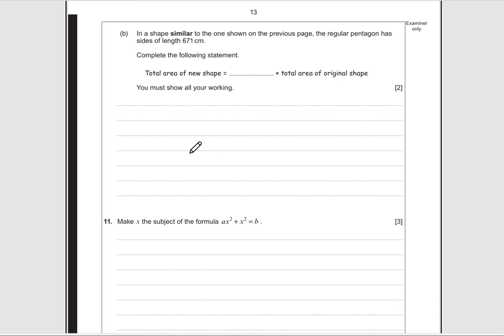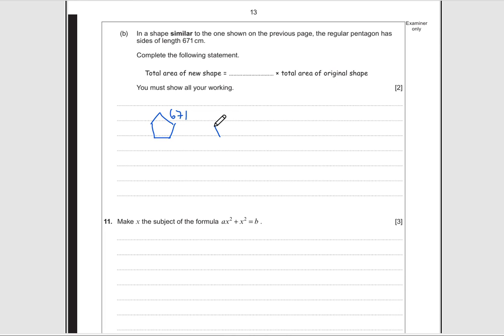In a shape similar to the one shown on the previous page, the regular pentagon has sides of length 671 centimetres. So the total area of the new shape is equal to some number times the total area of the original shape.